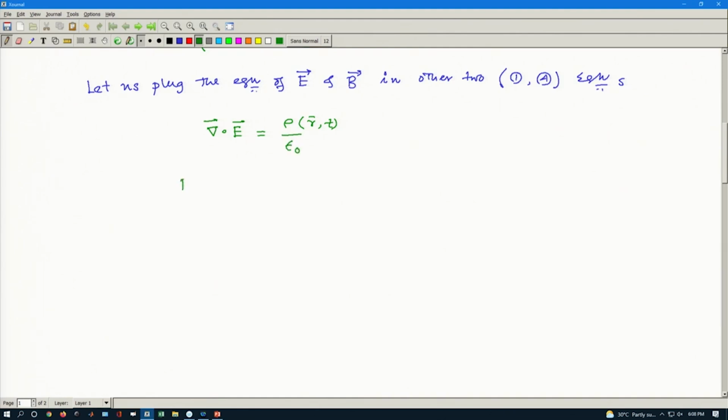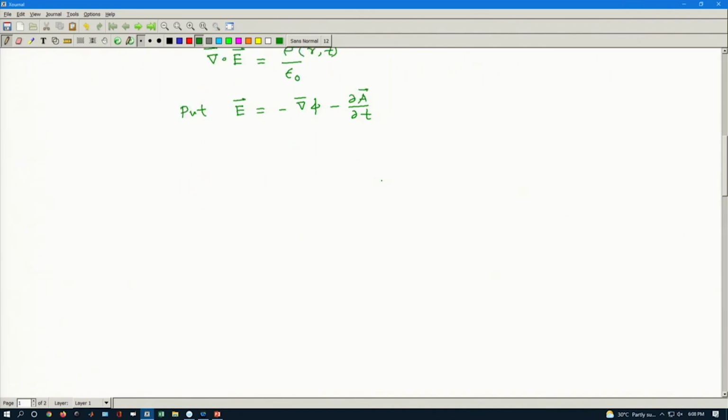Now, I put E is equal to minus grad phi minus del A del t in this equation. Then I simply have divergence of minus grad phi minus del A del t is equal to rho, a function of r and t, divided by epsilon naught.